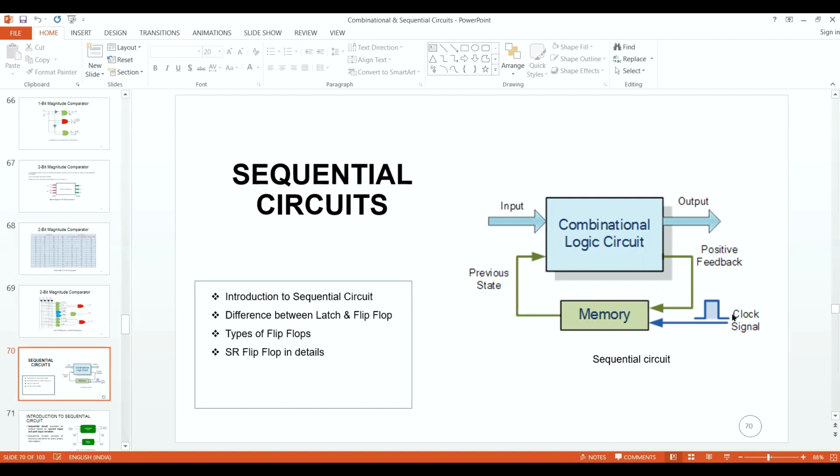In this video we also discussed different adders, subtractors, multiplexers, decoders, encoders, demultiplexers, and the magnitude comparator with different realizations using universal gates or basic gates.